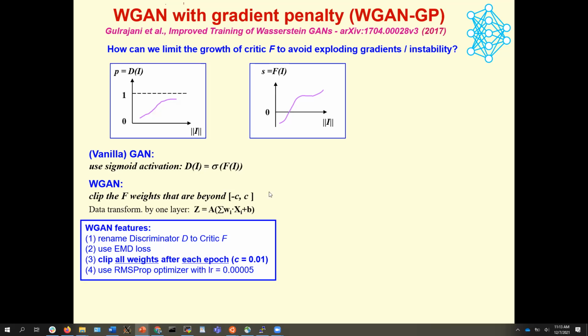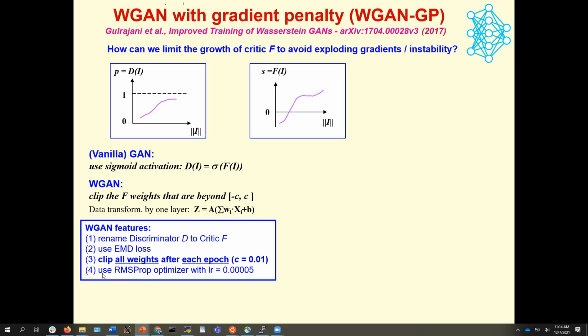Clipping means that we readjust the weights of the network after each epoch, which is a pretty expensive operation, but it works in practice. At least it allows us to avoid this instability.